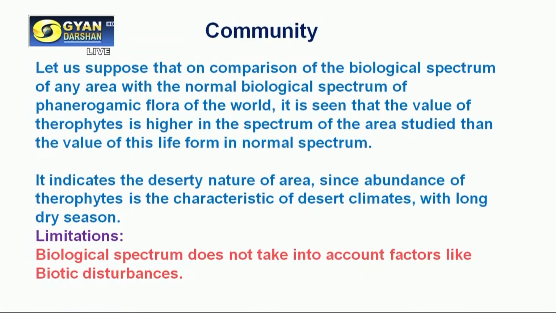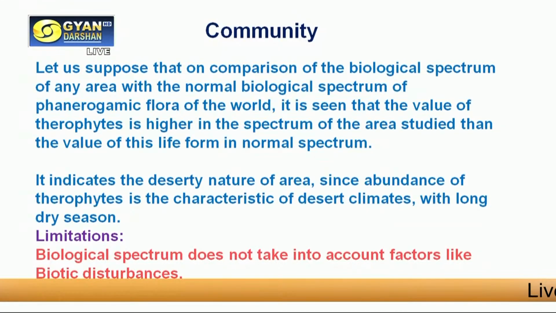And so we come across two terms: the normal biological spectrum and what you actually see. After calculation you may find that you are not getting the normal biological spectrum. There is a deviation. So this might happen. What I mean to say is that this concept of life form is very, very crucial.